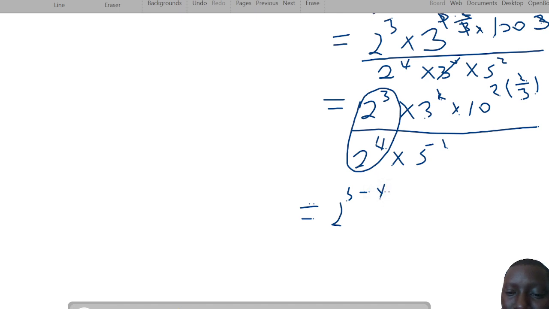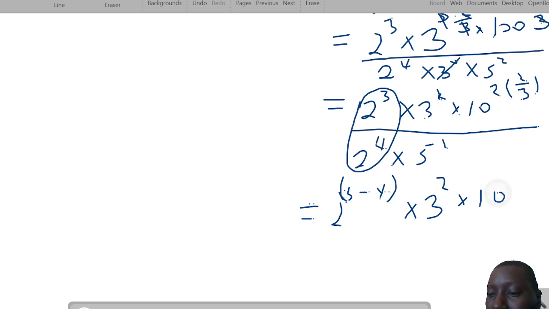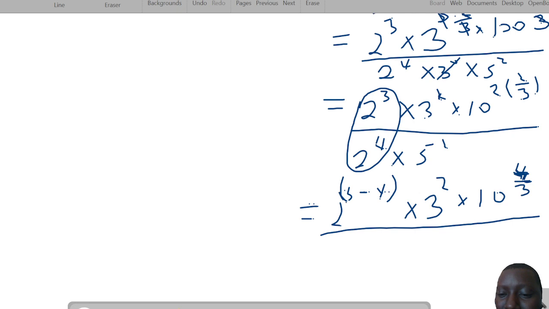Then this one times 3 power 2. Then 10 power 2 raised to 2 over 3 is going to be 10 power 4 all over 3. Then all these, we ought to divide by 5 power 2.